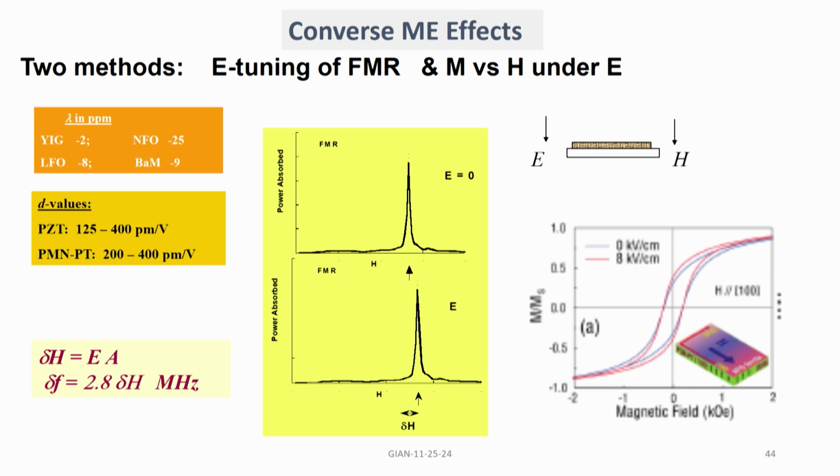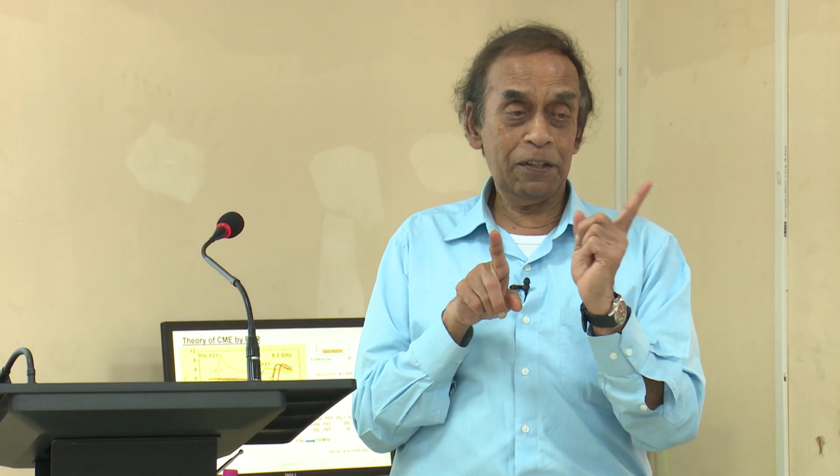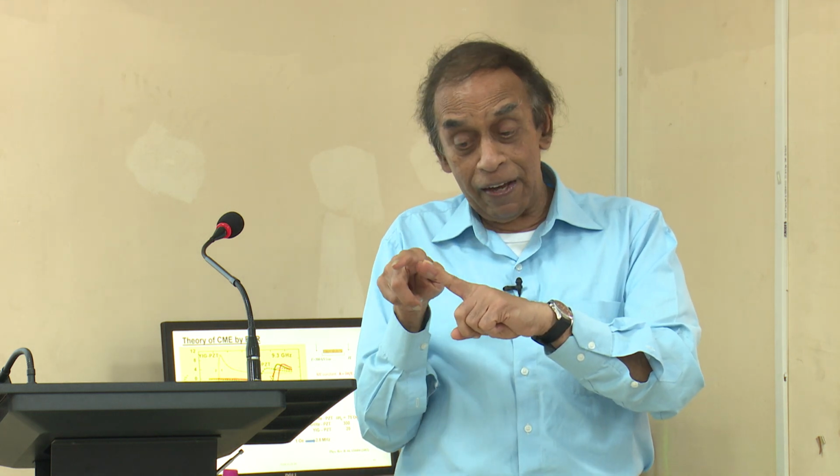Now on top of that, if I apply an AC magnetic field at appropriate frequency, what's going to happen is, this is DC field, the magnetization precesses. I apply an RF AC magnetic field in the perpendicular direction, so it will produce a torque. It will keep increasing the angle of precession about the DC field.